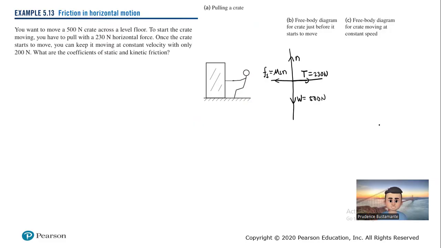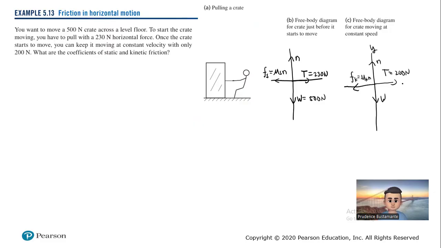In the second case, the free body diagram for a crate moving at constant speed. So you are now applying a force which is 200 Newton, the normal force, the weight force, and since it is already sliding, the force that acts on it is now the kinetic friction force, which is mu sub k times n.